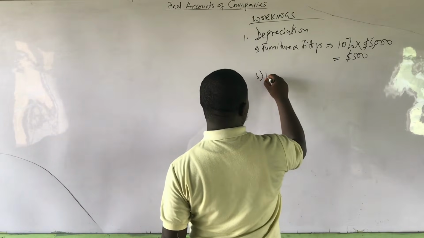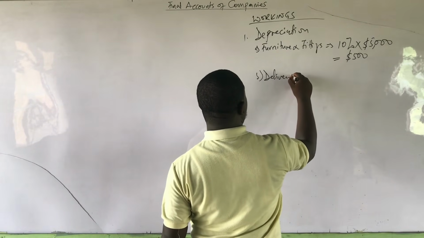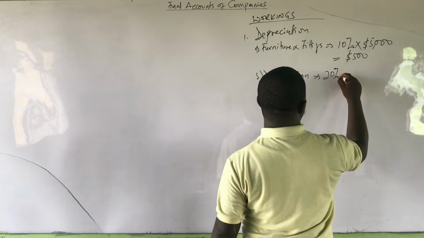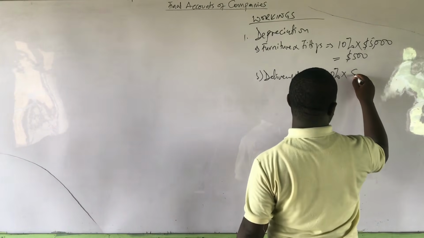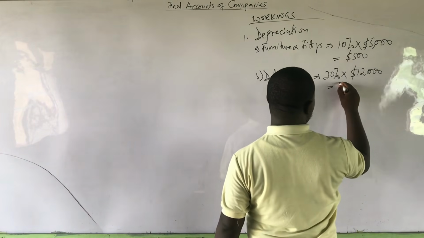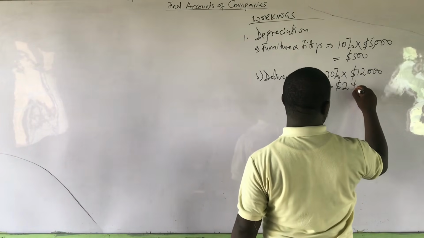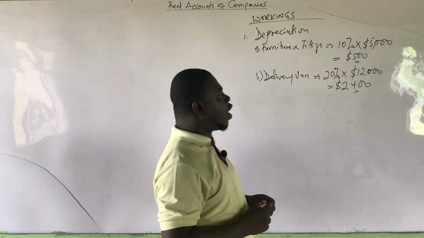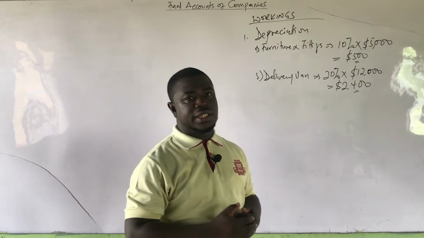And then also the delivery van is also supposed to be calculated on cost. That is 20% on cost, and the cost was $12,000. So that's going to give us an answer of $2,400. So we have $500 and $2,400 for depreciation for both assets.